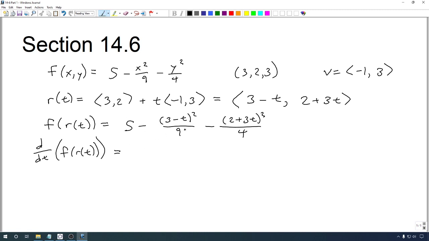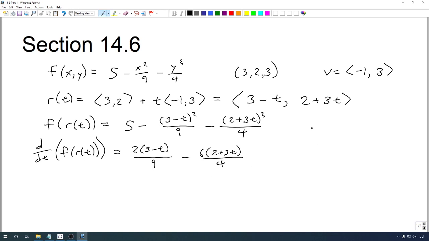We have to use the chain rule technically here, so we end up pulling out the negative 1. So we get a positive 3 minus t times 2 over 9. And over here, we pull out a 3, but then we also have the 2 from the power, so we have 6 times 2 plus 3t over 4.